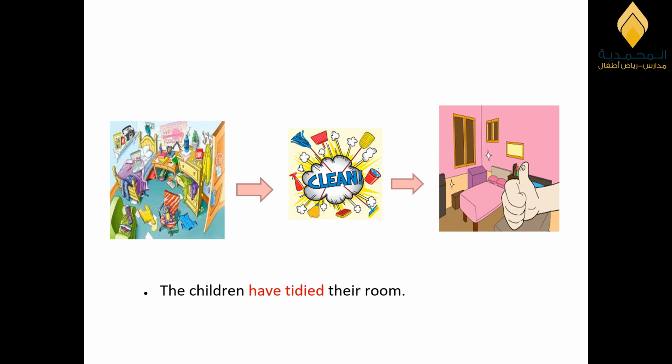Another example, if you take a look at this room, it is in a mess. The room was cleaned by the children and now at the present the room is clean. So I say the children have tidied their room.